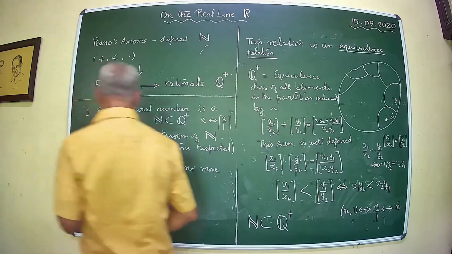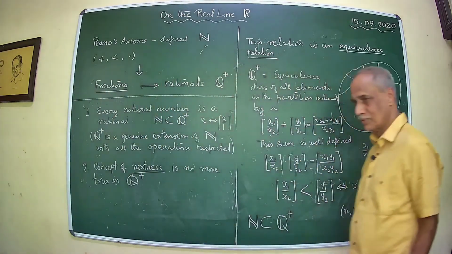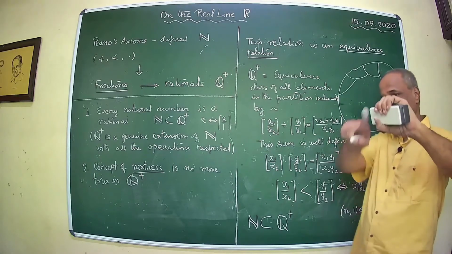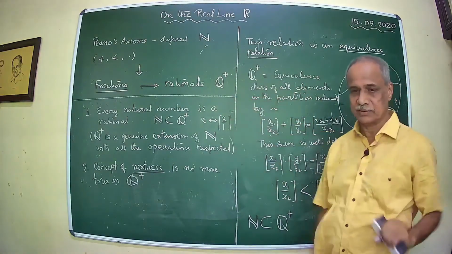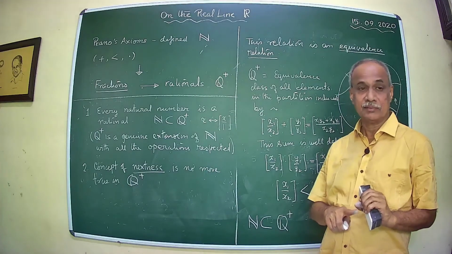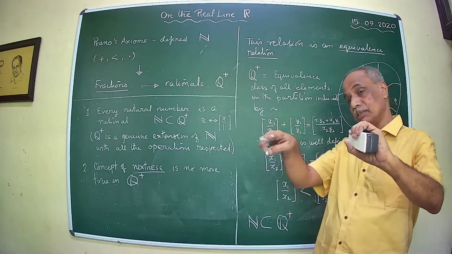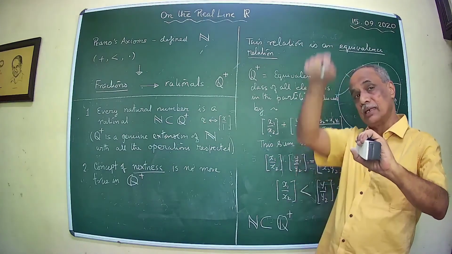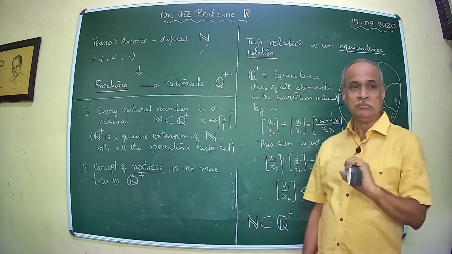So there is a difference. You cannot say that given a rational number, there is a rational number next to it. Why? If there is such a rational number to its right, then in between there should be no rational numbers at all.